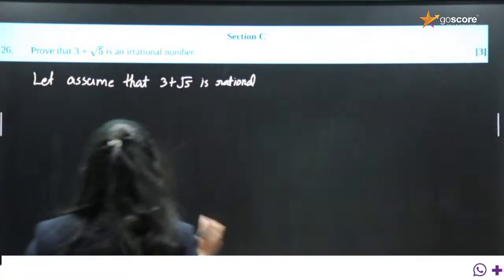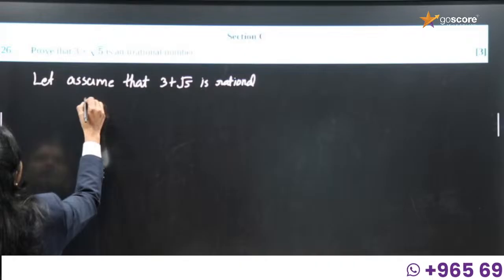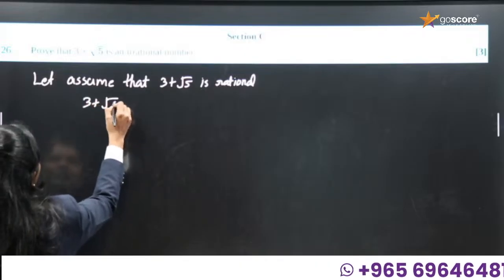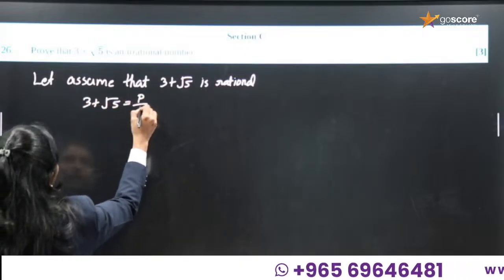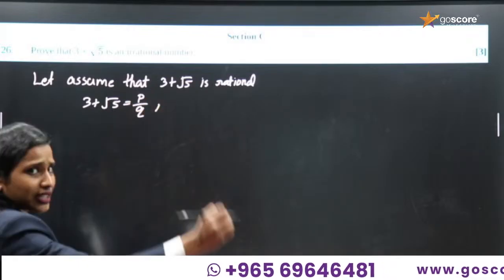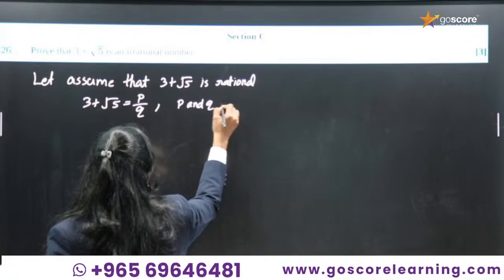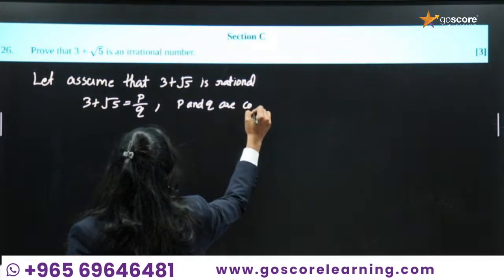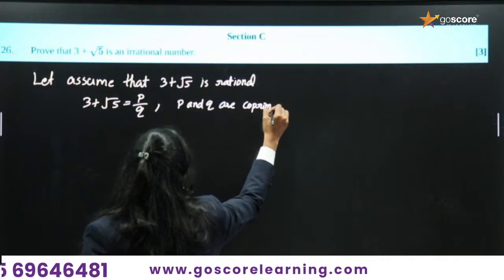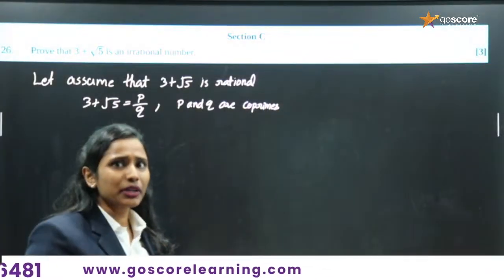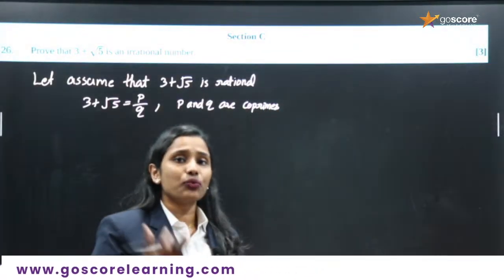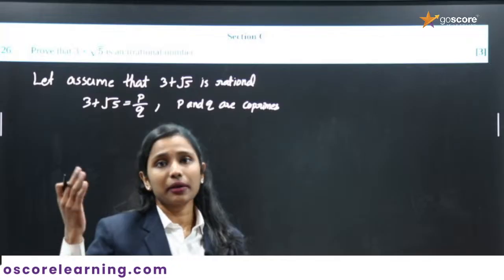So, we will write 3 plus root 5 is equal to p by q, and you need to write each and everything, where p and q are co-primes. What is co-prime? Co-prime means they have only one as their common factor.